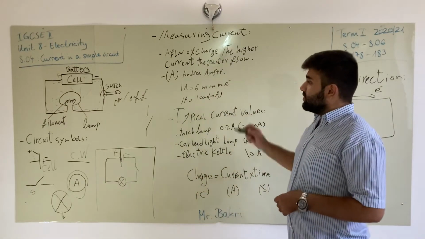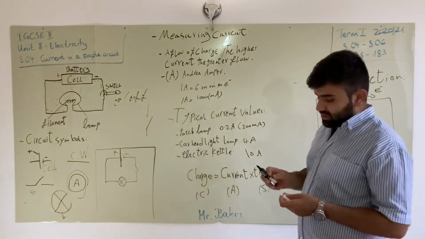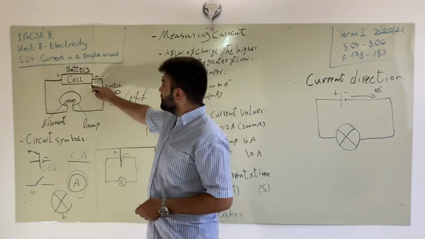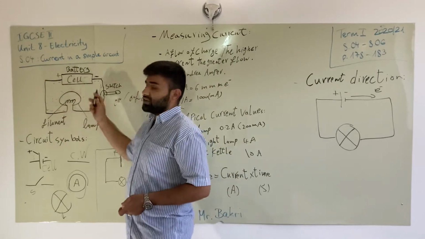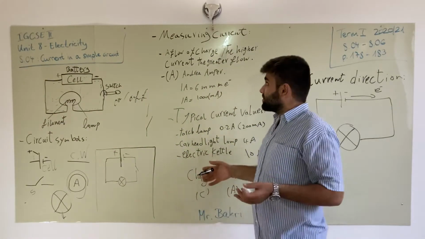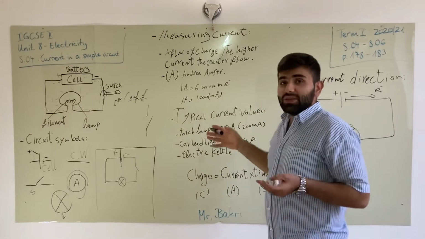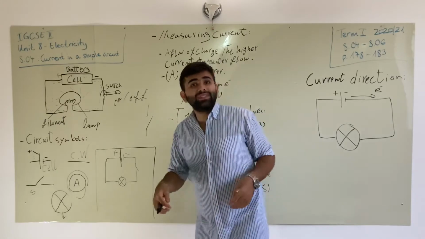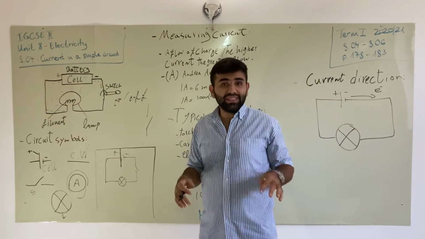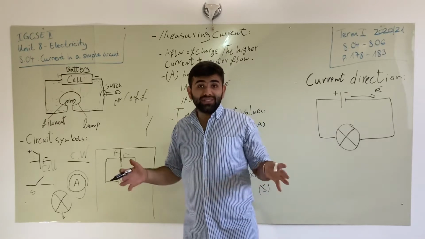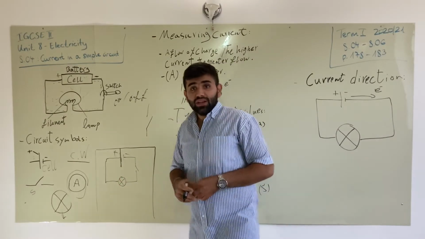Now we move on to measuring current. This current is flowing here, right? So how can I measure it? Current is a flow of charge, about 6 million million million electrons per second, which is actually a very large amount.